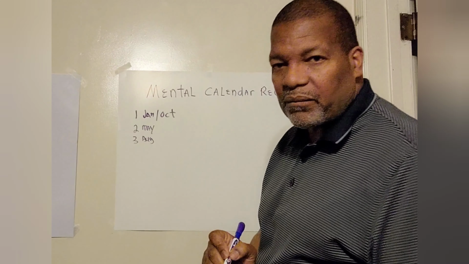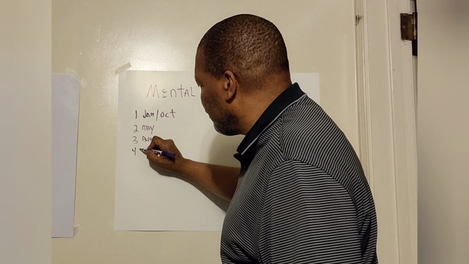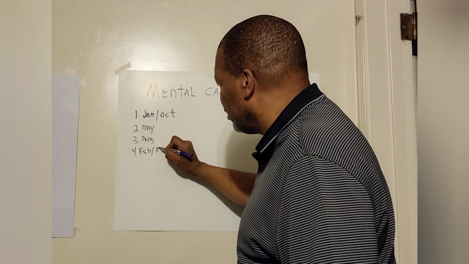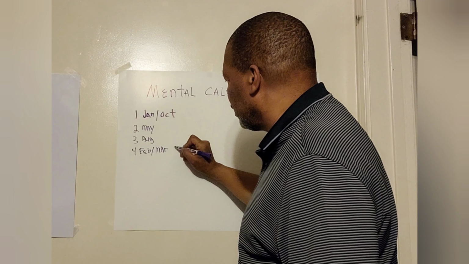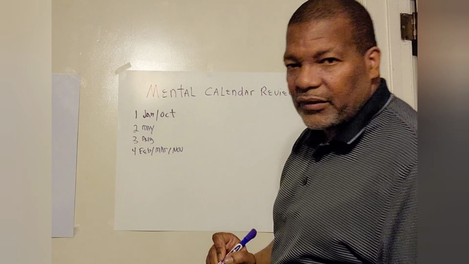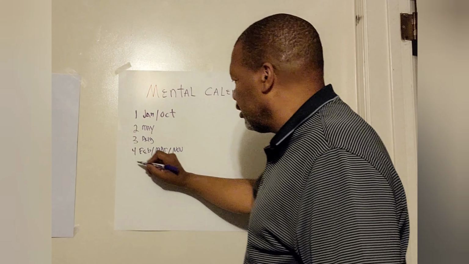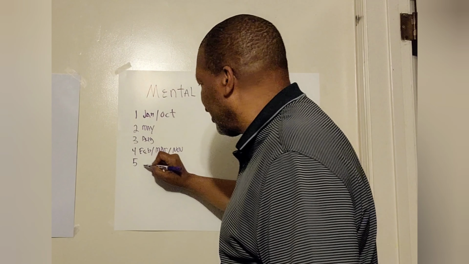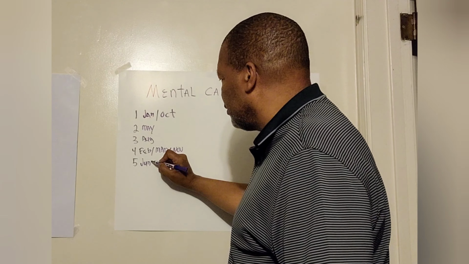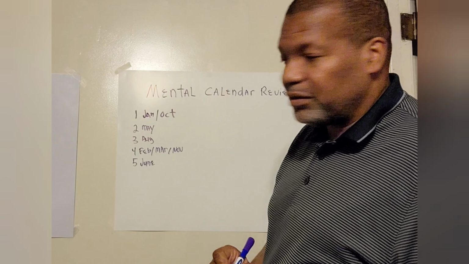The number 4 is for 3 months. We're going to have February, March, and November. Those are 3 that have the number 4 as the code. The number 5 is only for June. I'll put in the whole word. It's unique. June.